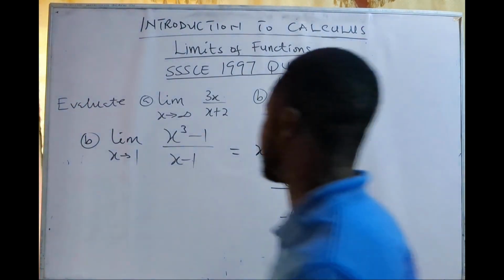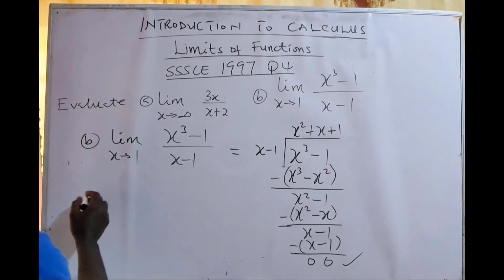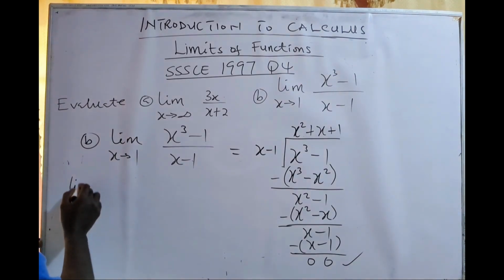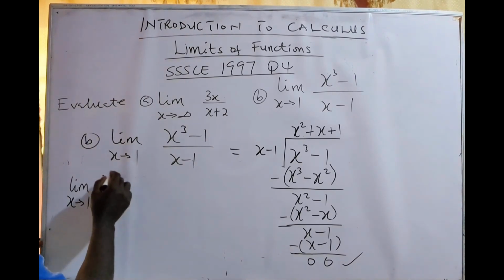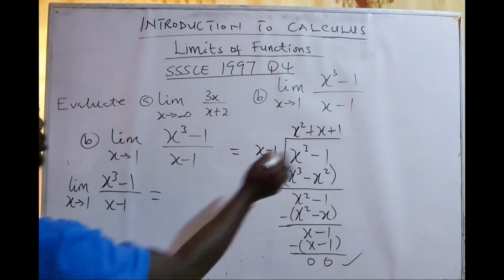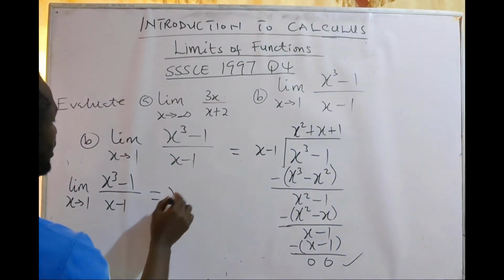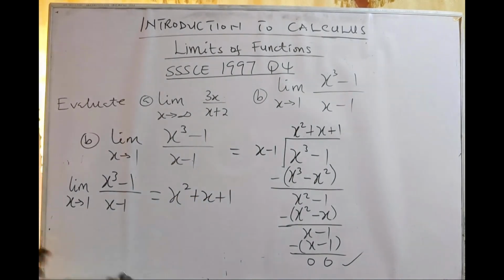Okay. So I'll continue and say that my limit as x approaches 1 of x cubed minus 1 over x minus 1 is equal to the quotient, x squared plus x plus 1.